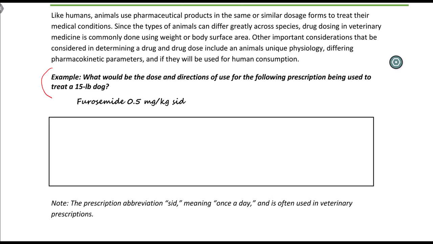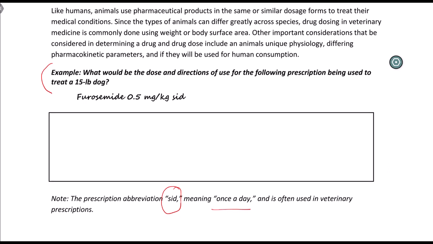They use one abbreviation, which is SID, which in their Latin abbreviations means once a day. So if you do see SID, which I have seen, some people thought it was 5 times a day. It is not. It's their way of saying once a day. So all the calculations are the exact same. We're just talking about a different patient. In this case, it is a pet or another animal.